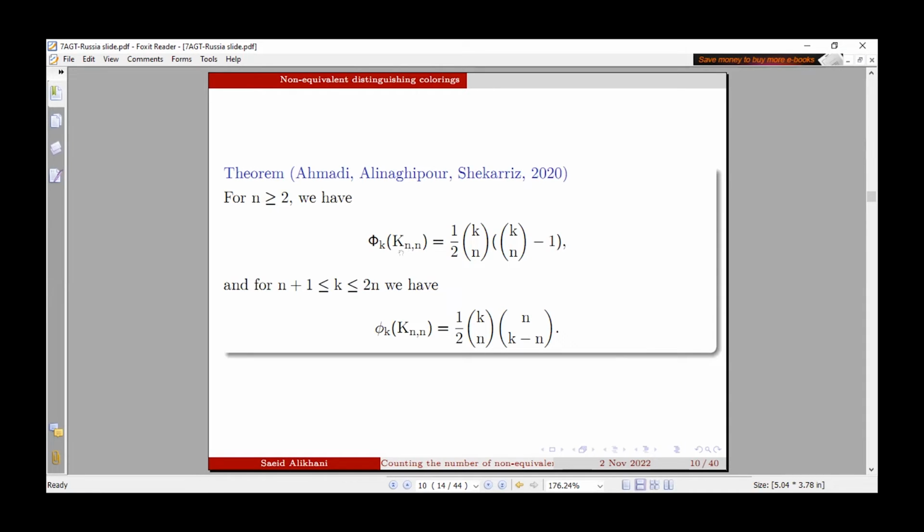For example, if you consider the complete bipartite graph with the same size in the parts, for example X and Y, then the number of exactly k colorings of this bipartite graph is obtained by this formula. Note that the distinguishing number of this bipartite graph is n plus 1.